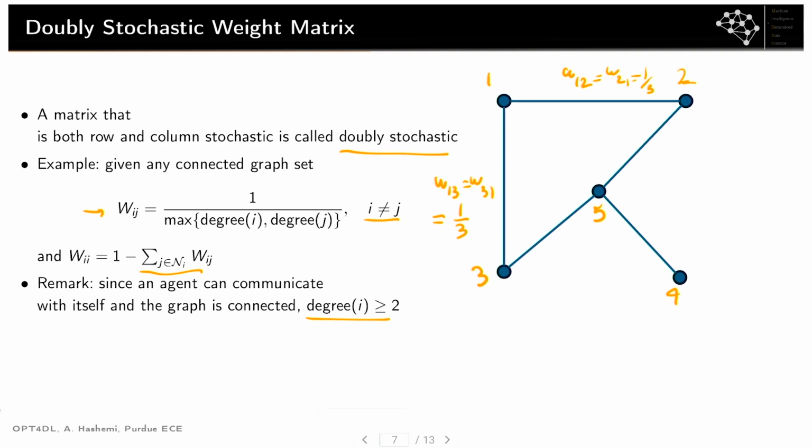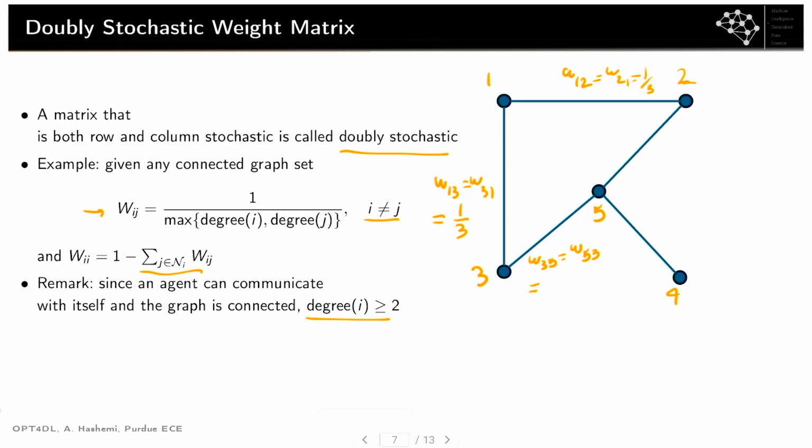Now, let's look at W35, which is equal to W53. In this case, the degree of node 3, as we just talked about, is equal to 3. However, what's the degree of node 5? How many neighbors does it have?